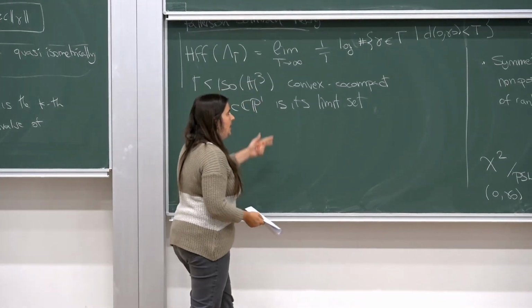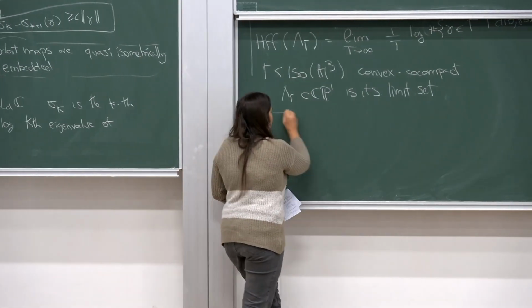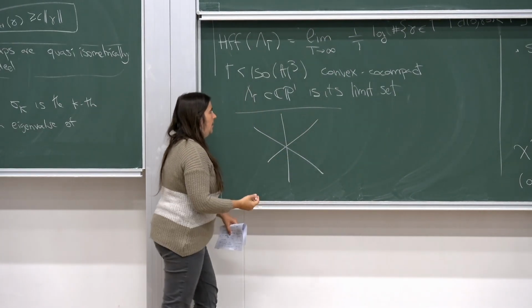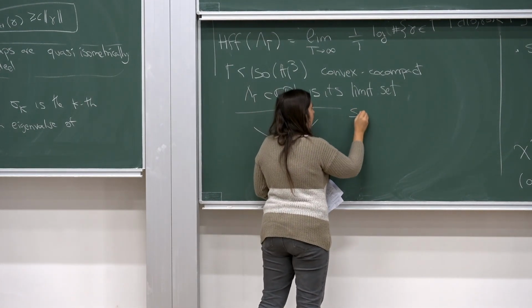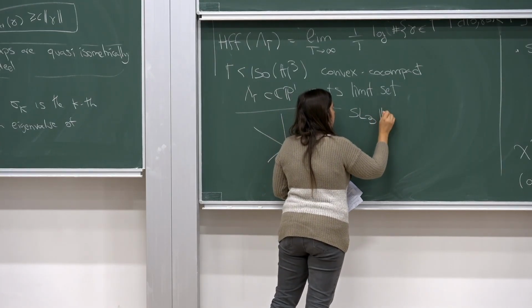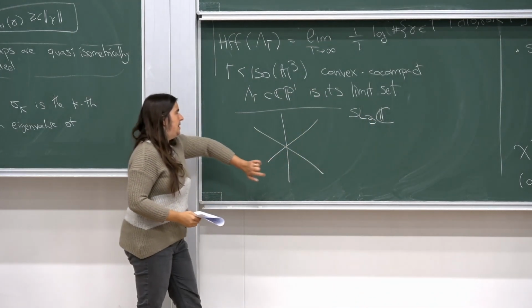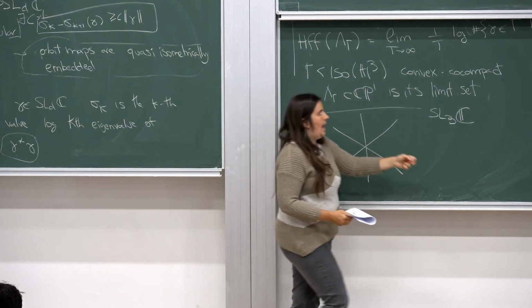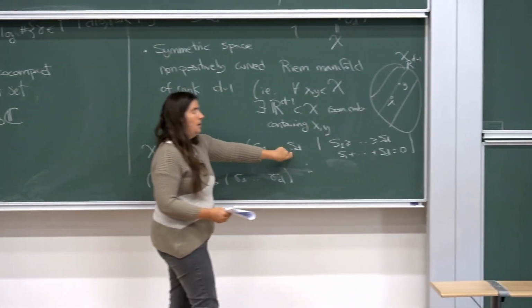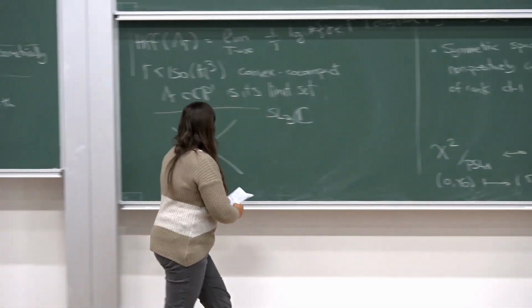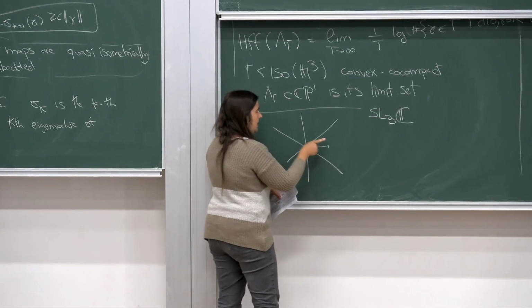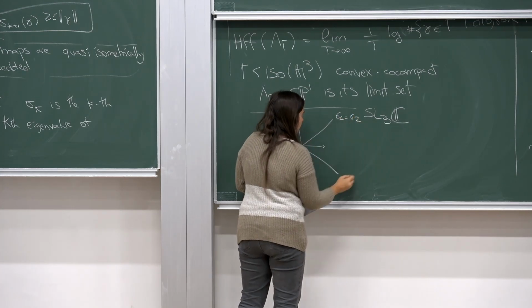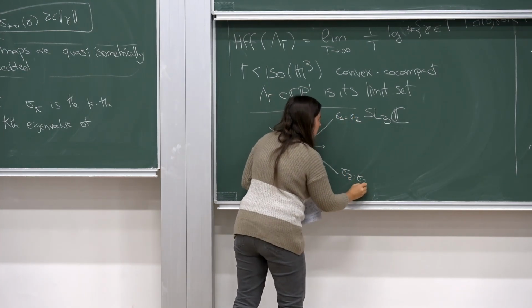And what is the idea? The idea is that I have this pattern of flats, and I can draw. So this is a picture for SL3C. In SL3C, I have a 2-dimensional flat, and I can think of this 2-dimensional flat as a list of 3 numbers. And if a point is inside, this is sigma 1 equal to sigma 2, and this is sigma 2 equal to sigma 3.